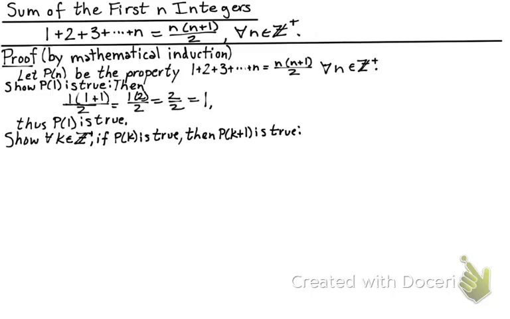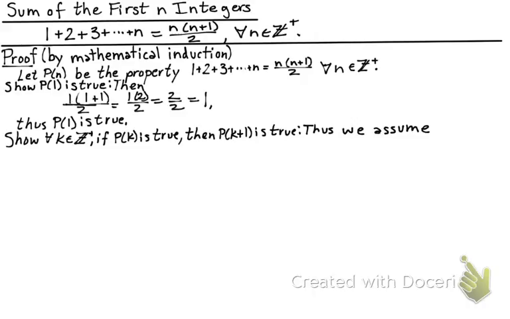So now, this means we suppose or assume, so thus we assume the property is true for k.